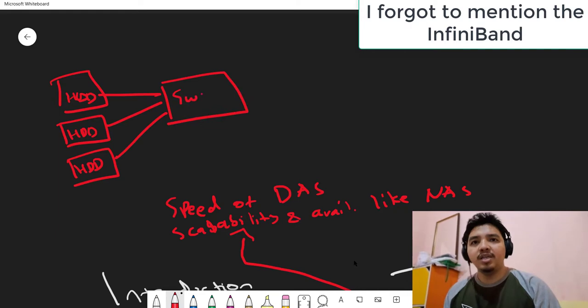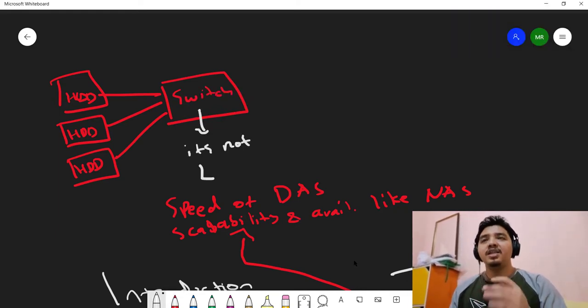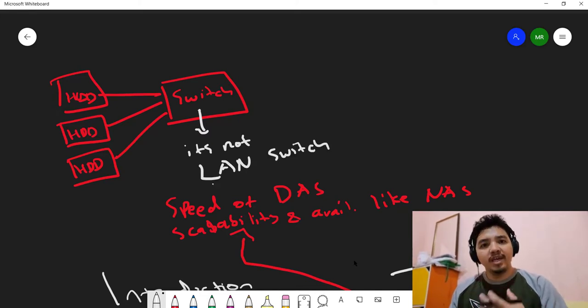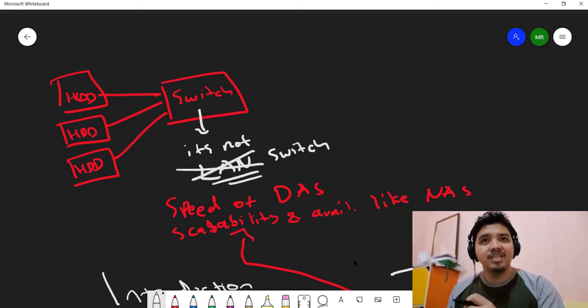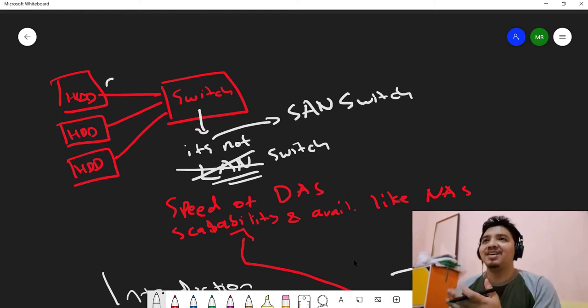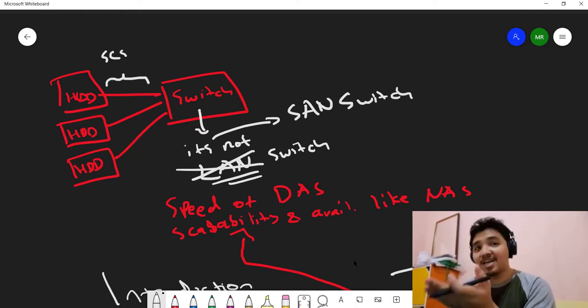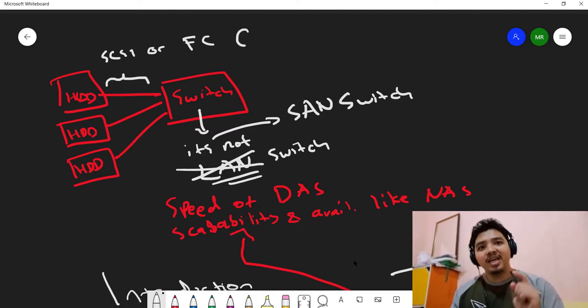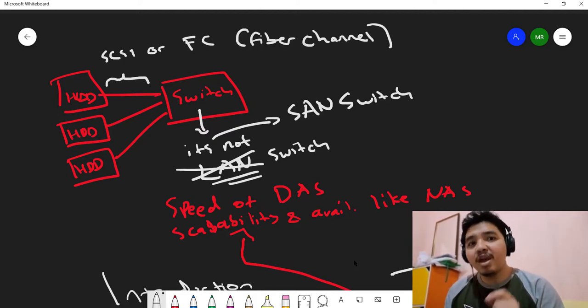The first one is iSCSI, Internet SCSI. The idea is how can we carry the traffic of SCSI via the internet? Yeah, you bet, iSCSI. And the second one, we call it Fibre Channel.